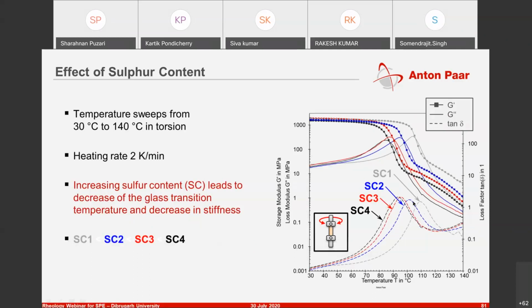Whichever criterion you take, the trend is the same, but the absolute value of glass transition would change depending on the method used to calculate glass transition temperature.